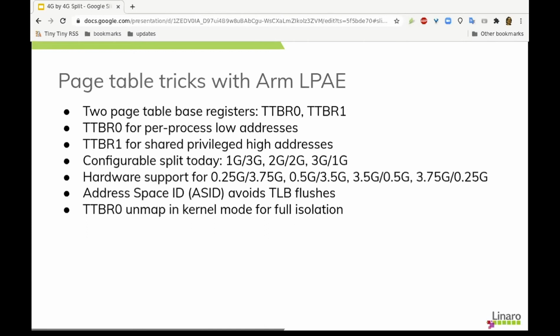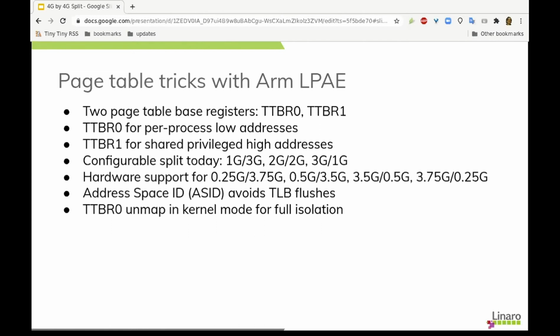With ARM v7, with the LPAE MMU, there are a couple of tricks that we can do that help us. We have 2 page table base registers. That is, unlike x86, we can change the address spaces for high addresses and low addresses separately. We have address space identifiers that mean we do not have to flush TLBs, which was where the largest overhead came from in the old approach.